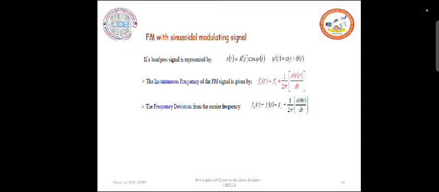Similarly, the frequency deviation, that is the amount of deviation which happens when the modulating signal is applied, you will have it as d of t, which is equal to fi of t minus fc, which is equal to 1 over 2 pi d by dt of theta of t. So the peak deviation will be delta f, which is maximum of 1 over 2 pi d theta of t divided by dt.